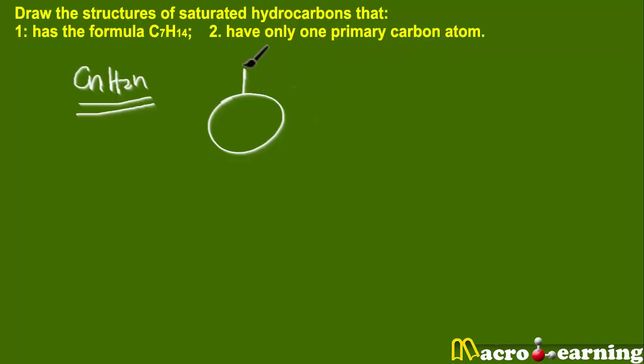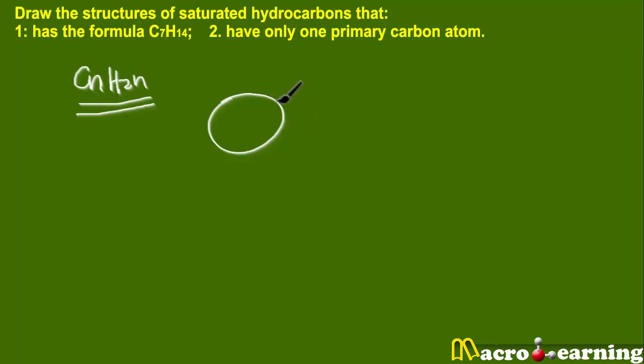That's the only way for it to have one primary carbon atom. And it's not going to be a branched substituent like that, or like that. It's not going to be branched. Eliminate that one. It's got to be a linear one, or just a methyl group. That's the way to ensure that it's got only one primary carbon atom, which is on the end, right?